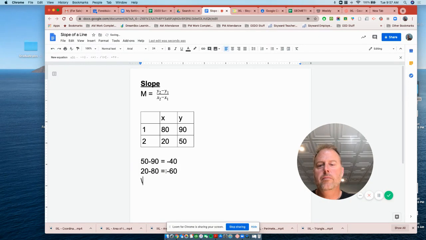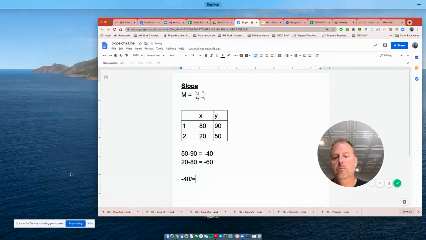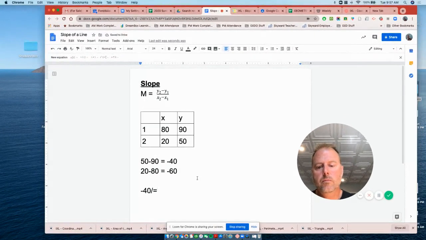So if I do y over x, that's going to be negative 40 over negative 60. Which then goes to, technically, because it's a negative divided by a negative, it becomes a positive, which is 40 over 60, which if I reduce it by dividing top and bottom by 10, then that becomes 4 over 6.